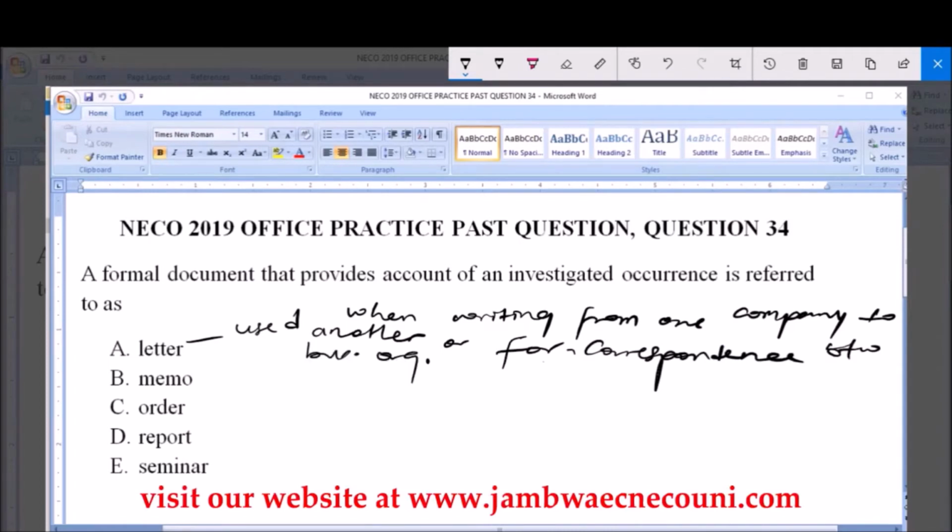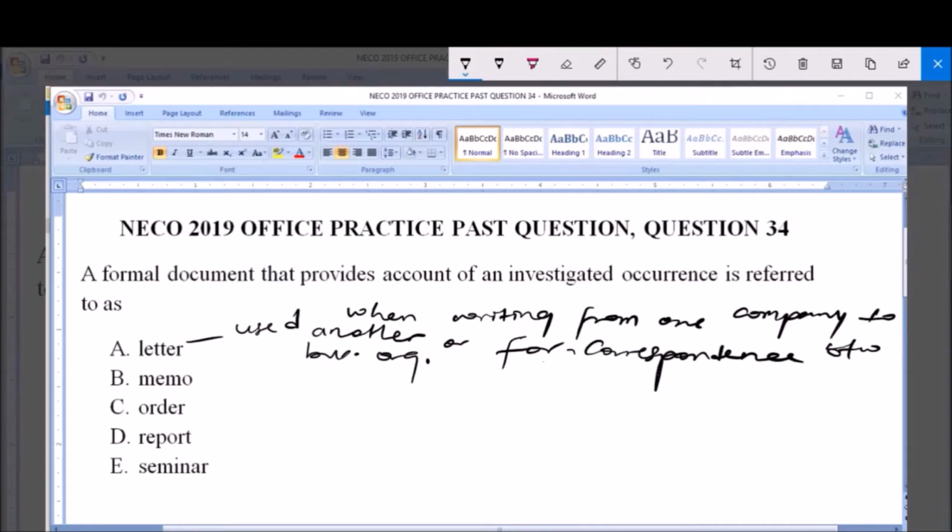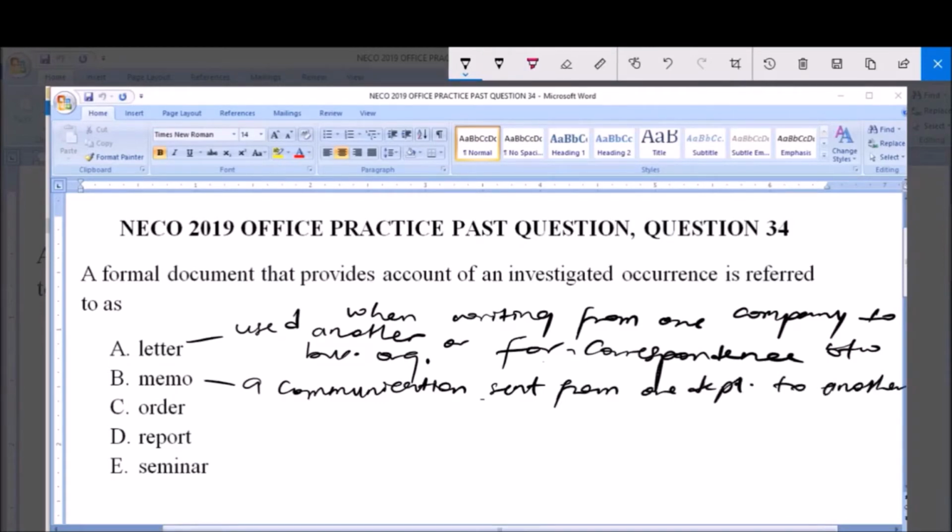That is a letter. Now, a memo is a communication sent from one department to another, or one branch to another in the same company.